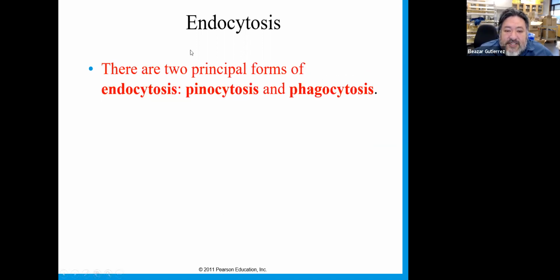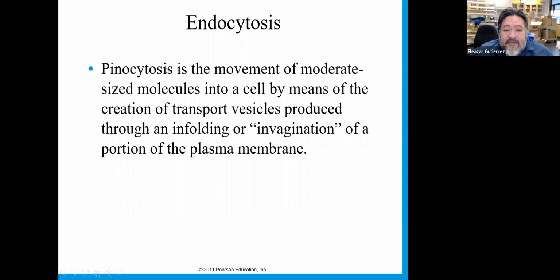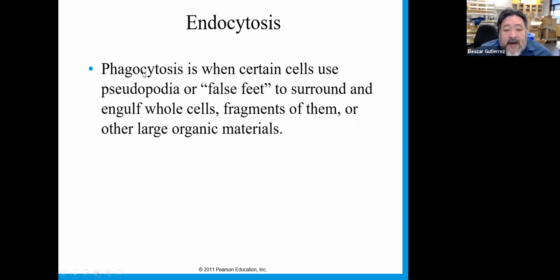So this is cell drinking, and this is cell eating. Okay, pinocytosis is the movement of moderately sized molecules into the cell. Okay, phagocytosis, cell eating, is when certain cells use pseudopodia or false feet to surround and engulf whole cells.